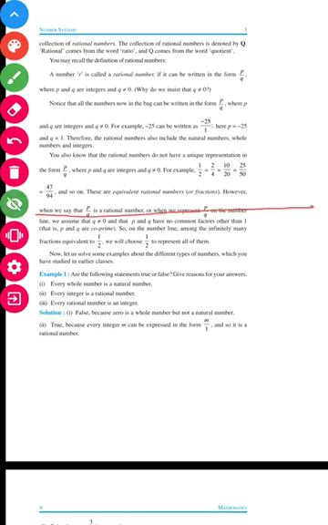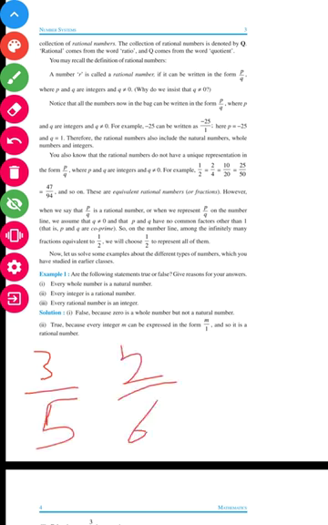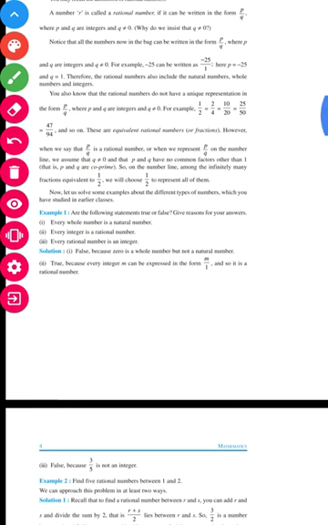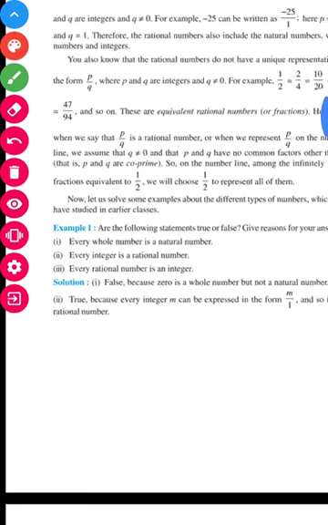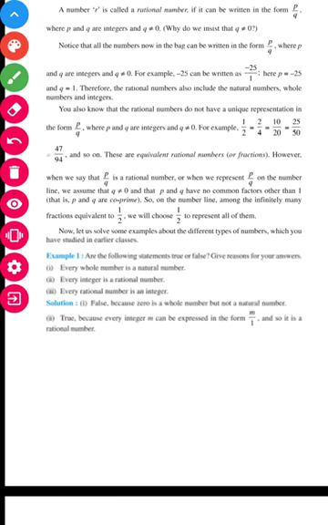Even we can take other examples also, like 3 over 5, 2 over 6. You can take any of the examples. Now let's solve our example 1. We have to write true or false. Every whole number is a natural number.